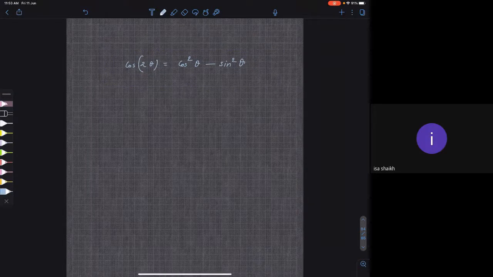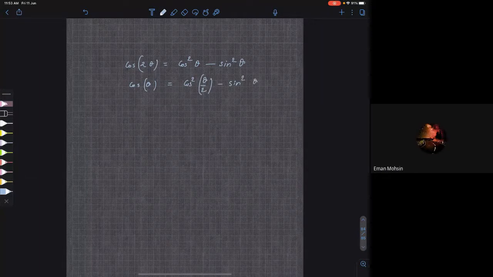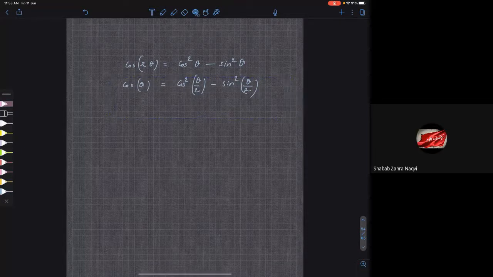And we can write a similar formula using this: cos theta is equal to cos square theta by 2 minus sin square theta by 2. Basically these two are the same, but we are just rewriting them in a different way.